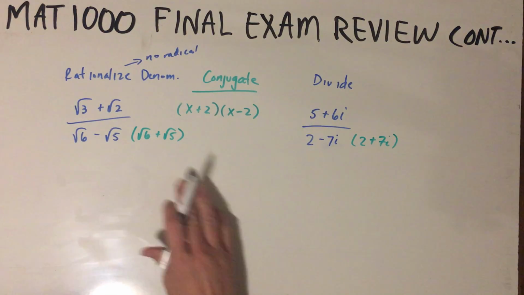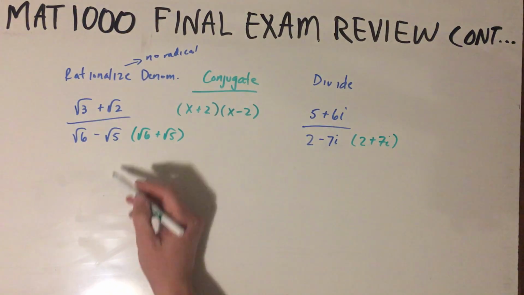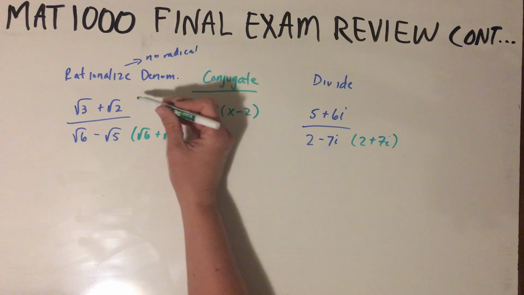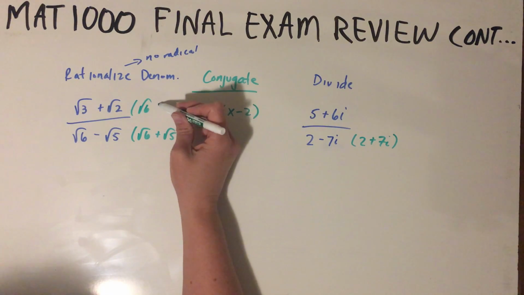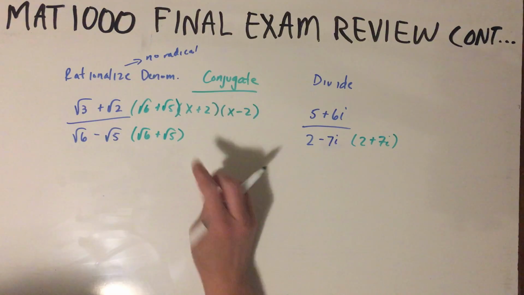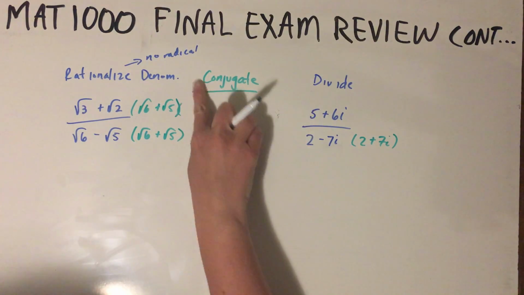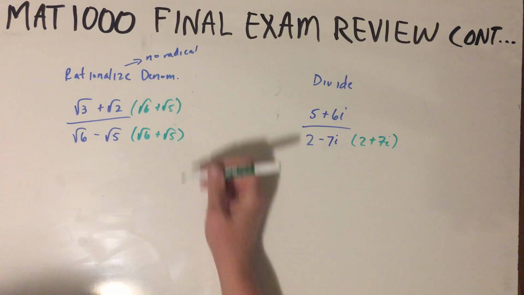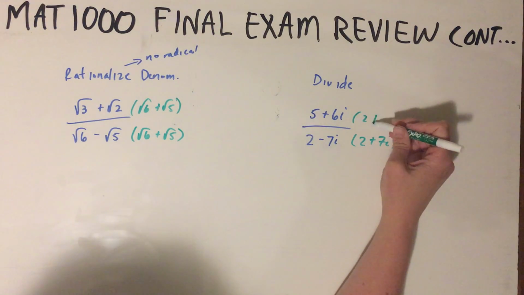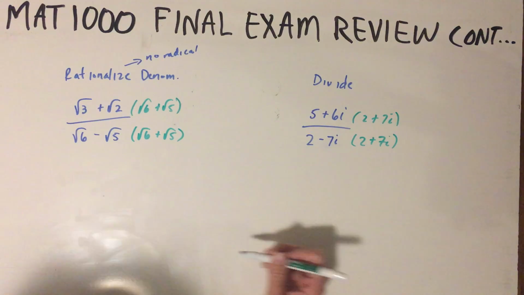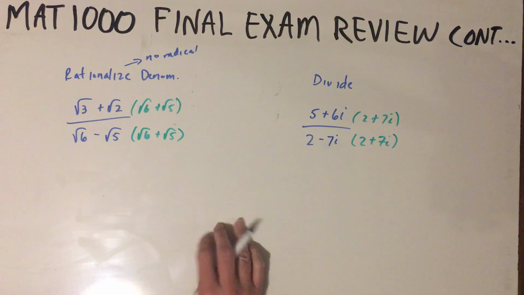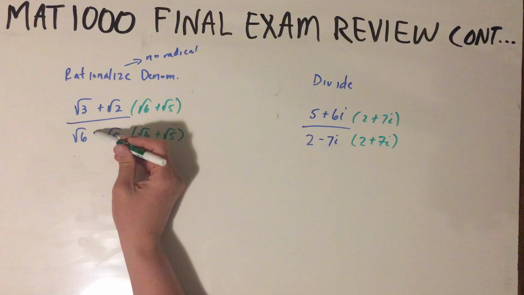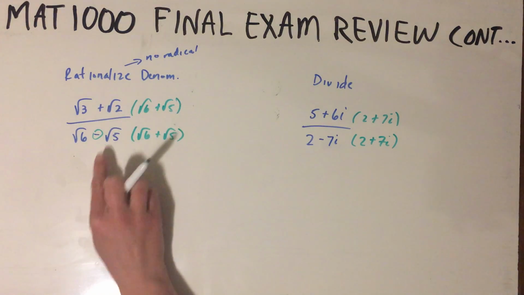All right, so I'm going to use this concept of the conjugate. Whatever I do to the bottom of the fraction, I've got to do to the top. Okay, I'm going to erase my conjugates here. So I'm going to multiply both the top and the bottom by the same thing. And we're using a conjugate here because there are two terms separated by addition or subtraction.